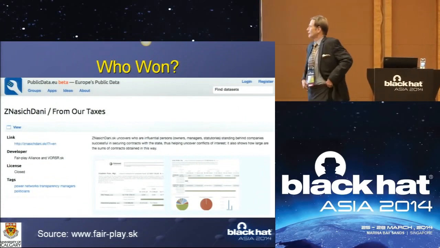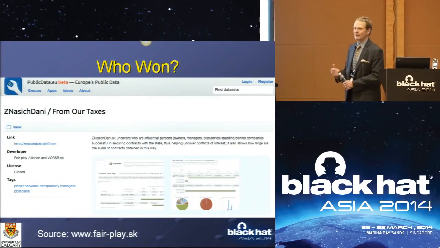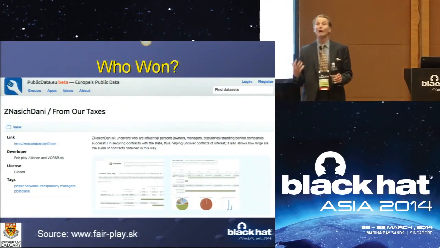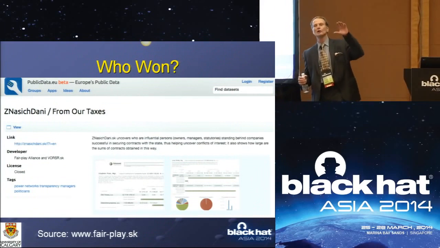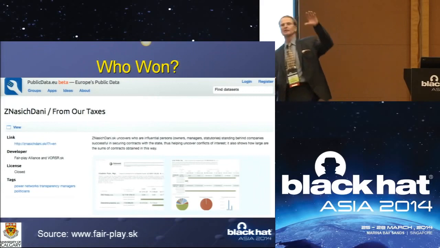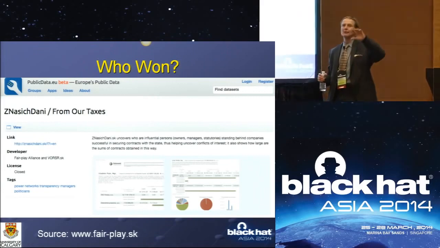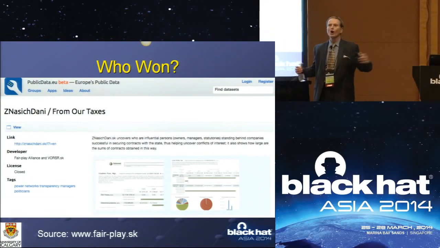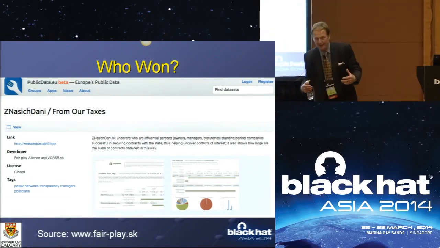And it is called Zrnaški or whatever, but it means from our taxes. And here's the computer science part of it. What they did is they went out to government databases and looked for names of the CEO of companies, names of lawyers, names of directors, to try to figure out who is getting lots of government contracts.